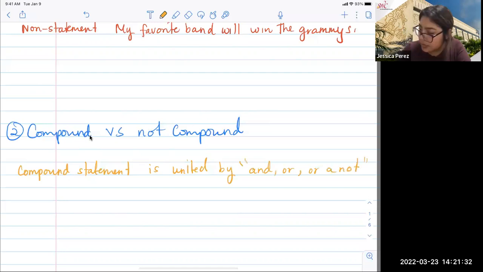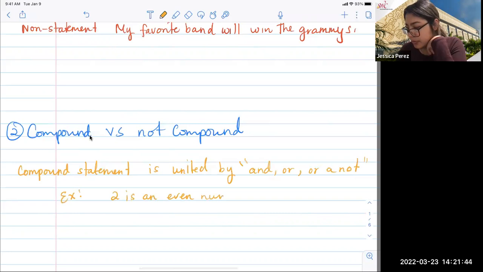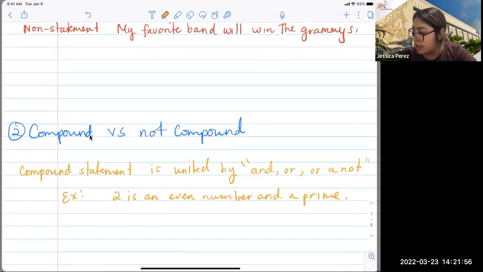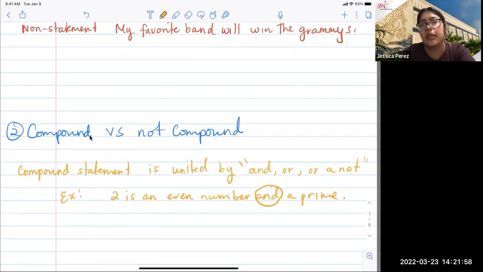An example of a compound statement: 2 is an even number and a prime number. We know that 2 is even and prime, so this is a compound statement united by an and. 2 is an even number and 2 is a prime.